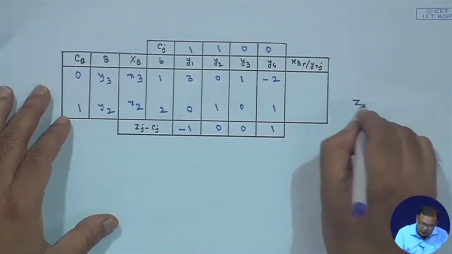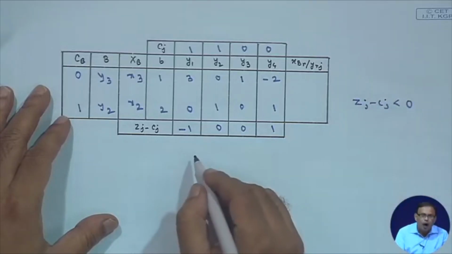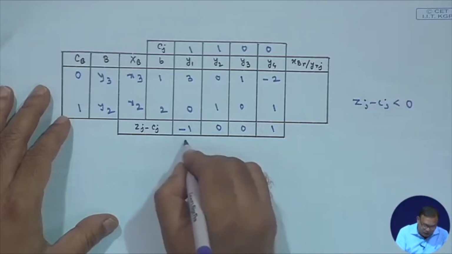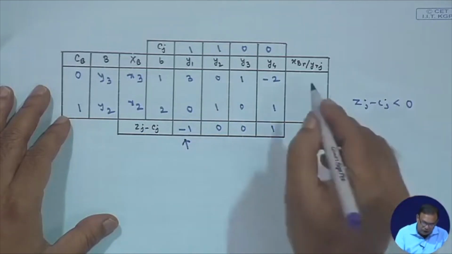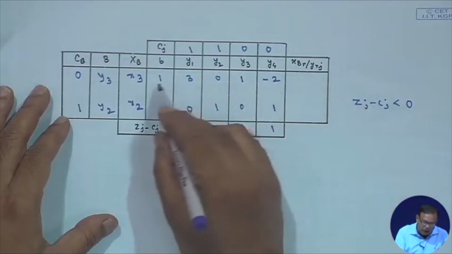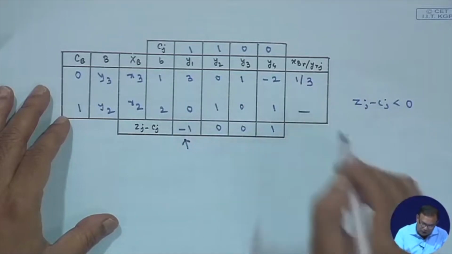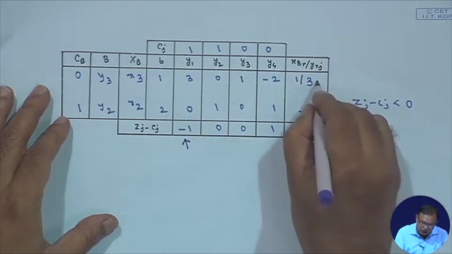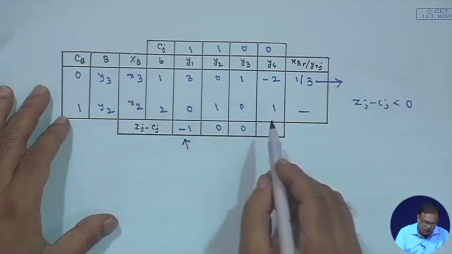Again for this particular case, zj minus cj is less than 0. I have only one negative value, therefore this one is entering. Calculate the ratio b by y value. Here it is 1/3, and this will be infinity, so we cannot consider it. Therefore, your departing variable in this case will be x3.